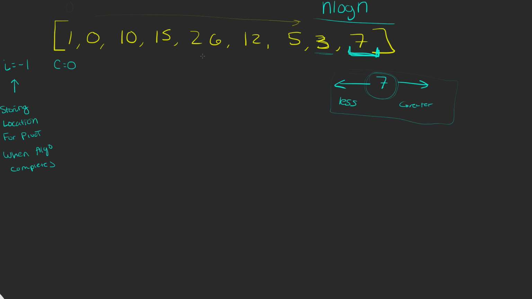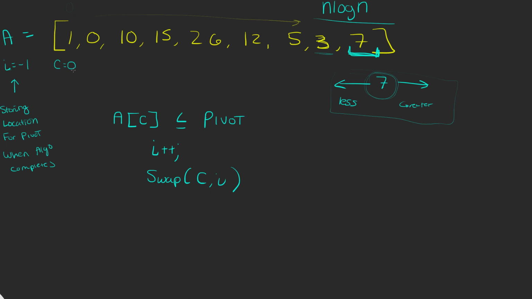So in the case that the value, we'll call this A, in the case that A of C is less than or equal to the pivot value, then we want to perform an increment on I, so I++, because this is saying that the pivot could potentially be swapped here, so we want to ensure that this is up to date. And then we want to swap A sub I and A sub C.